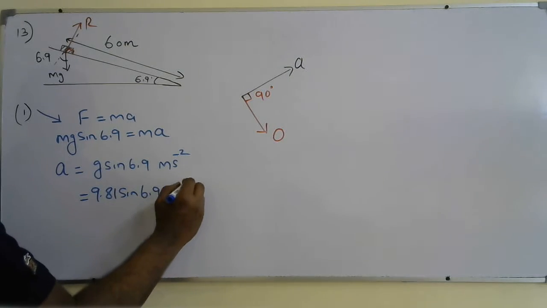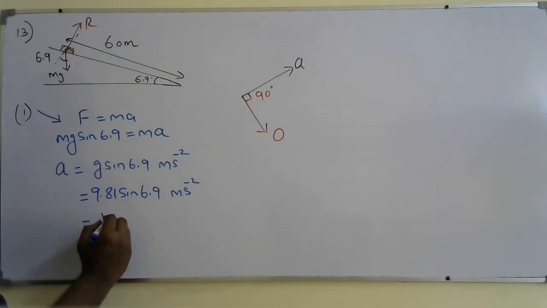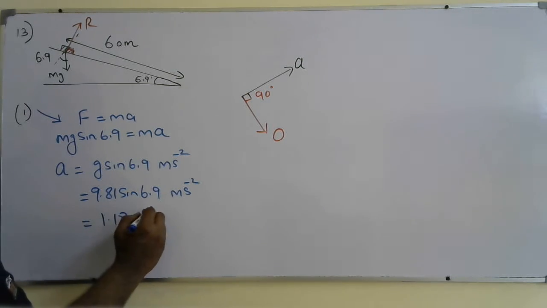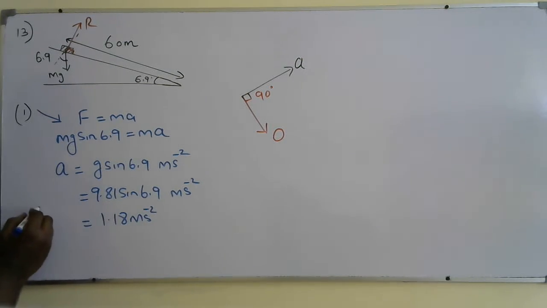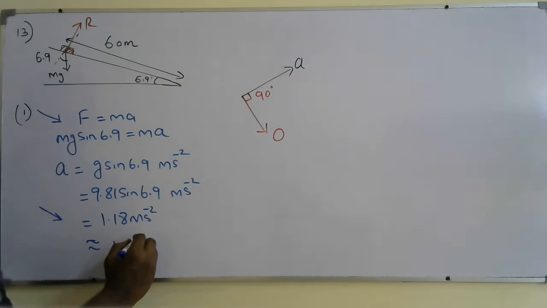Solve it and you will get 1.18 along the slope down, so approximately 1 meter per second squared.